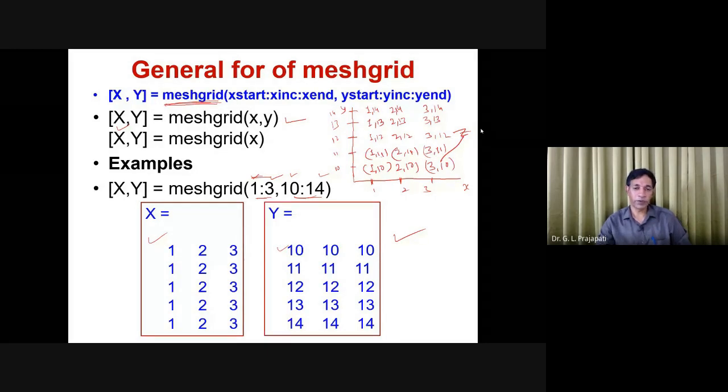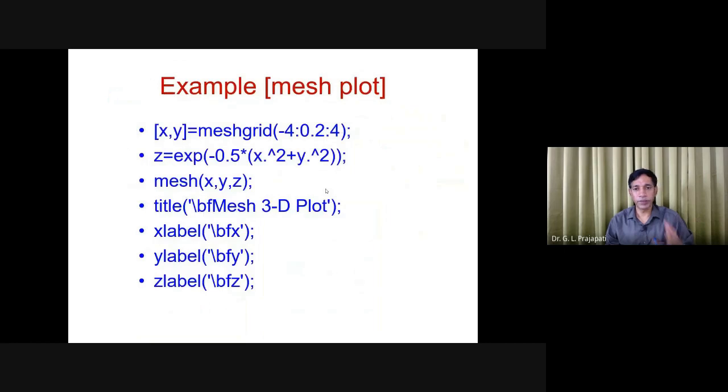Meshgrid is used for computing the two-dimensional arrays x and y, and these 2D arrays are used for the creation of the depth, meaning the height of the mesh, meaning the z value. So you can see, this is the example you have. In meshgrid, you have minus 4, then the increment is 0.2, and then the end is 4.